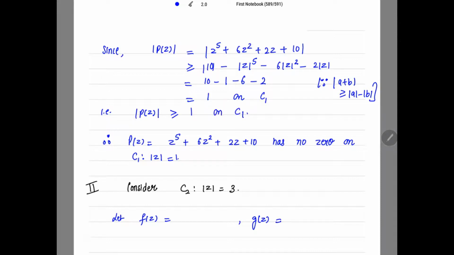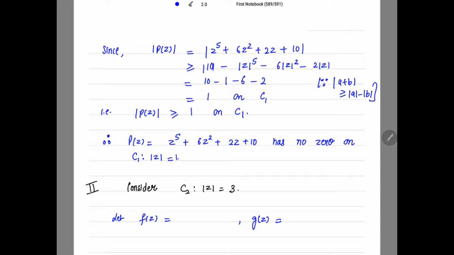So for any value of z, we got this mod of Pz value greater than or equal to 1, right? That is, Pz has no zero on C1 also. So Pz has no zero inside C1 and also it has no zero on C1, because on C1 we get mod of Pz greater than or equal to 1 outside the circle, right?